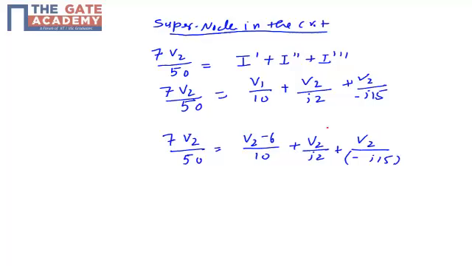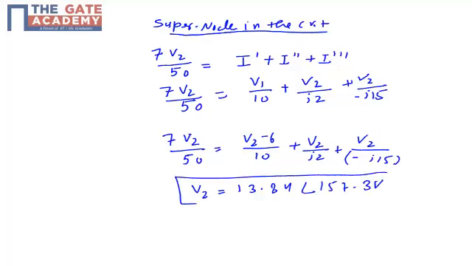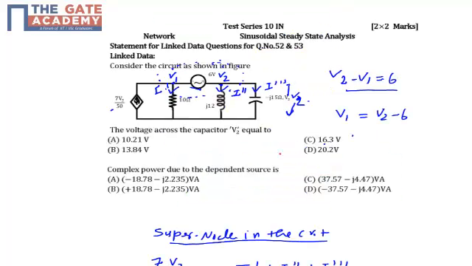So we have one equation with one unknown, and it's a simple calculation. After simplification I get V2 as 13.84 with angle of 157.3 volt. So this is my answer for this question. My V2 is 13.84 volt, and the correct option is option B.